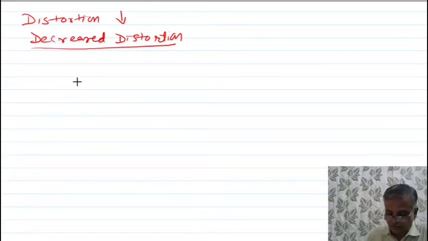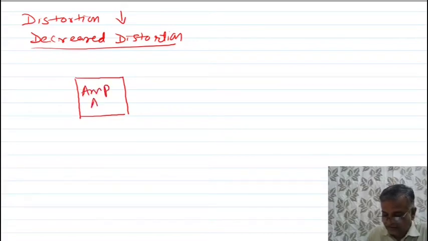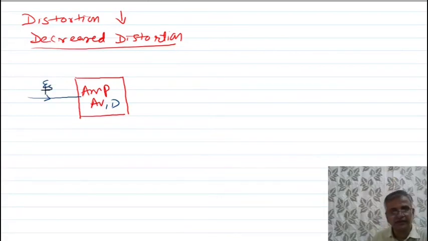Suppose this is your amplifier circuit. The gain is AV and it produces the distortion D. And you have given some input signal ES. So what will be your output?